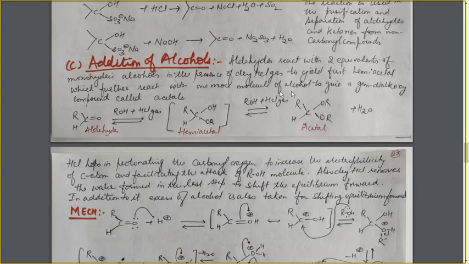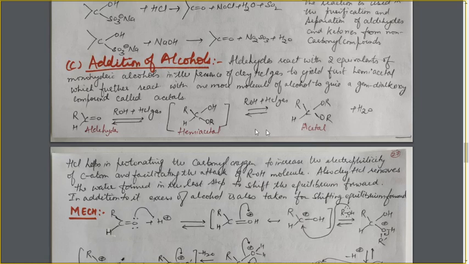Now, how are we shifting this equilibrium in the forward direction so as to yield more and more product? For this, we have taken two conditions. First, we have taken the dry HCl gas, and this dry HCl gas will help in removing the water molecule in the last step. As a result, the equilibrium will shift in the forward direction due to the decrease in the concentration of product, as per the Le Chatelier principle.